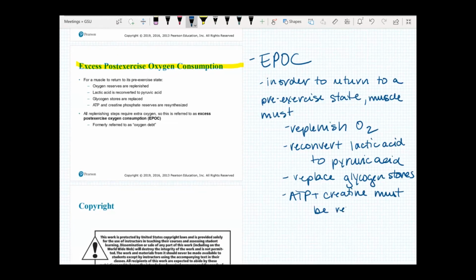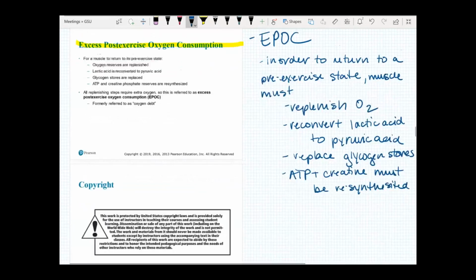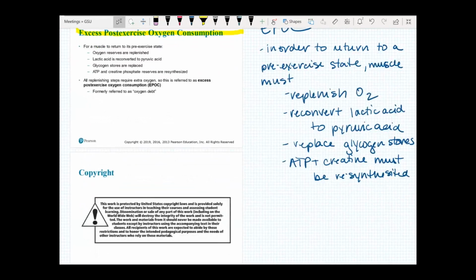Essentially you need to go back to your baseline, and you do that through this excess post-exercise oxygen consumption. This is why you have that wheeze or rapid breathing after exercise, because you're taking in more oxygen to do all of these things so that you can move about and continue on.